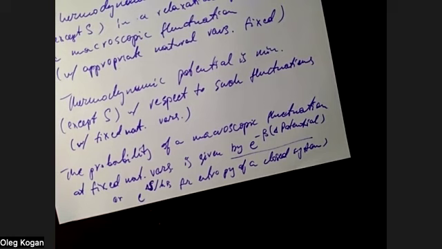Entropy has to do with the number of accessible microstates, but that quantity only makes physical sense if the system has time to explore them.